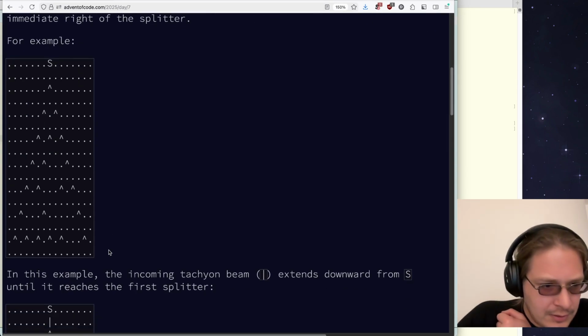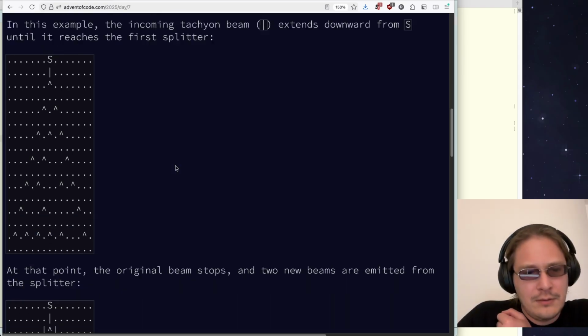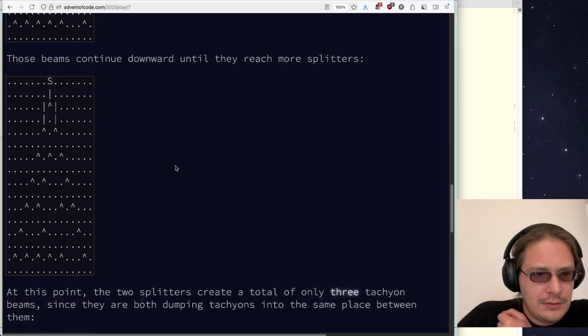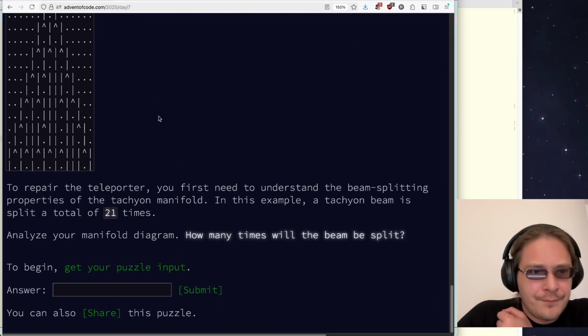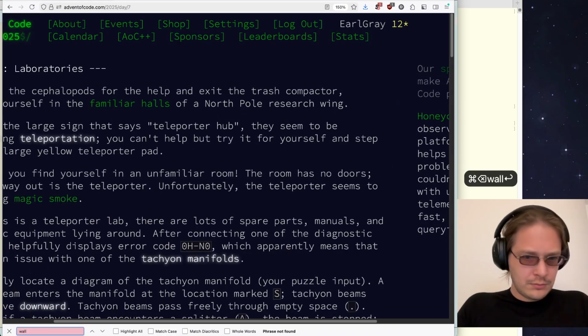For example, if it happens to be here, does it just emit one new beam on this side and this one is lost? How exactly is this handled? Side wall.